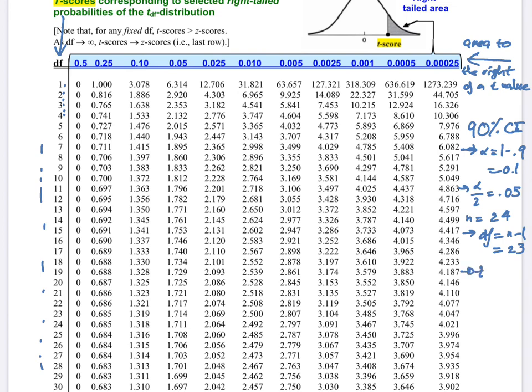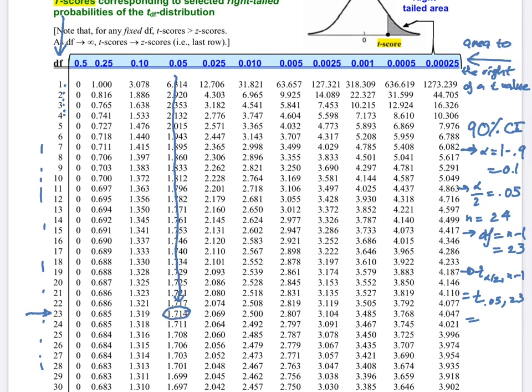To find t sub alpha over 2 with n minus 1 degrees of freedom, which in this case is just t of 0.05 with 23 degrees of freedom, you would go to the row labeled 23, then you look under column 0.05, and the value that you're looking for is right here.